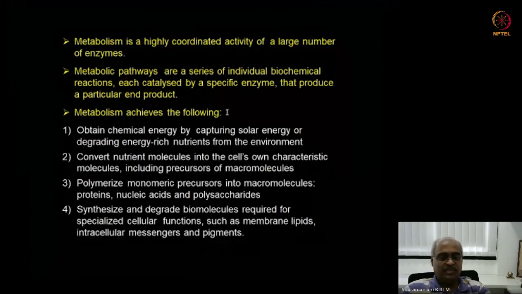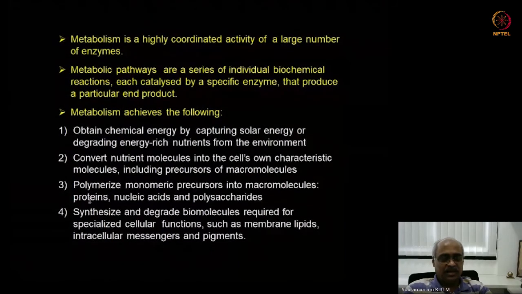So therefore there is an end goal, and to get the end goal there are multiple interconnected individual biochemical reactions, and those interconnected series of reactions is what is the metabolic pathway. And since they have multiple individual steps, therefore you have multiple specific enzymes.